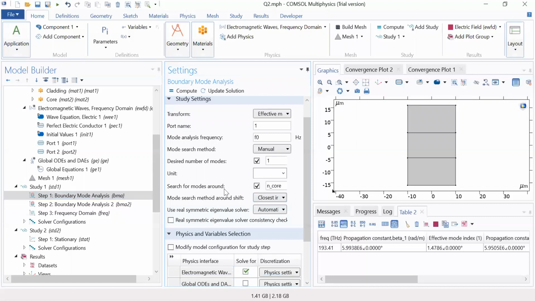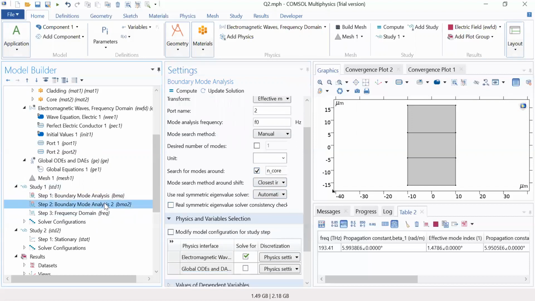The search for modes around is meant because we are interested in searching for modes only in the core region. We are not interested in the cladding region, because in our area of work most of the energy must be confined in the core region. So in both analyses, this must be equal to N core.